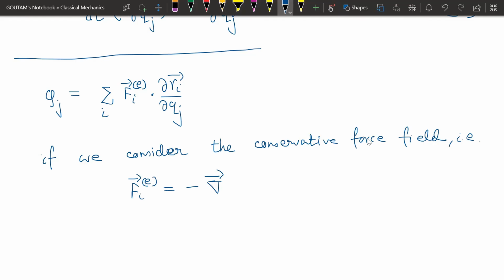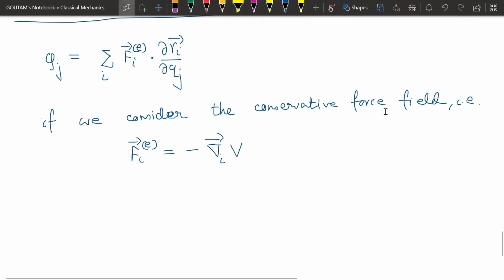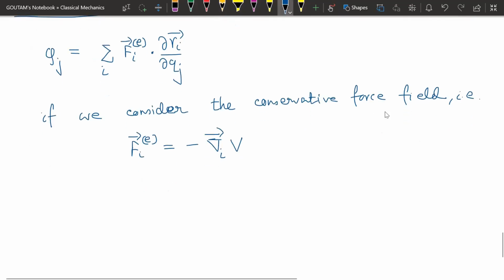which can be derived from a scalar potential, this is del i V, the divergence of the scalar potential. So V is the scalar potential.